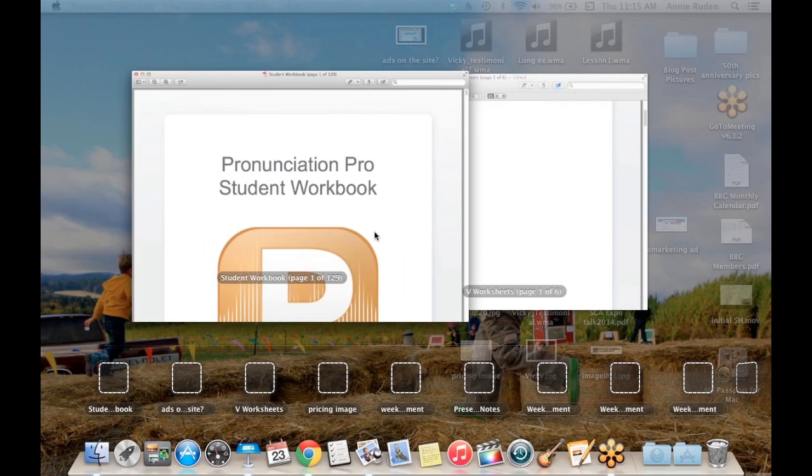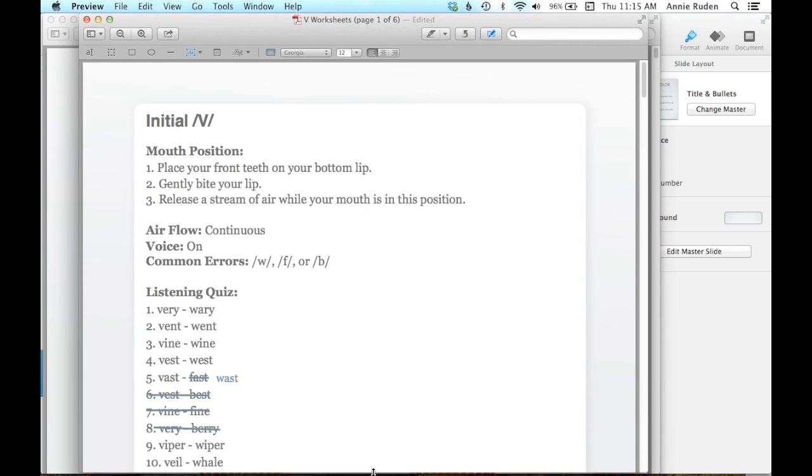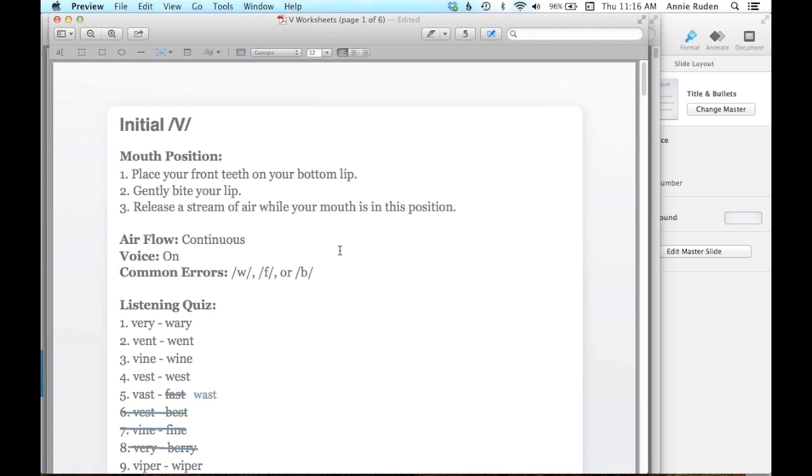Actually, here's what happened with the V sound: I just put this V worksheet together, and I emailed my programmer this morning and said we need this up on the bonus lesson. I haven't made a video for it yet, but there will be a worksheet and an MP3 file on the bonus lessons for the V sound, probably by the end of the day today.